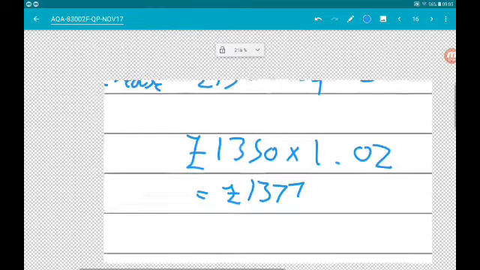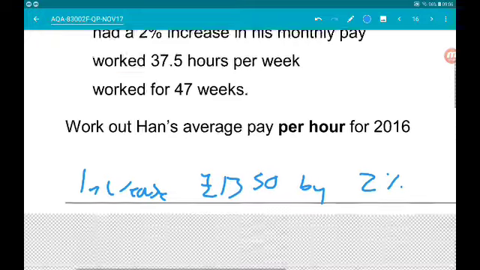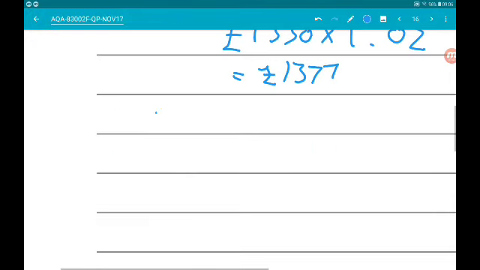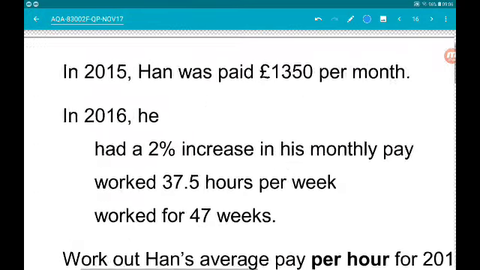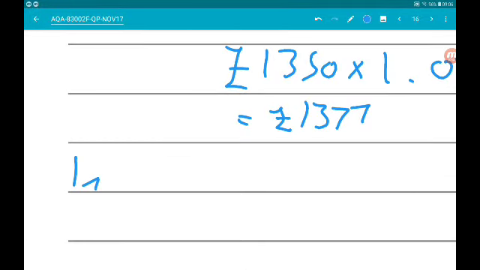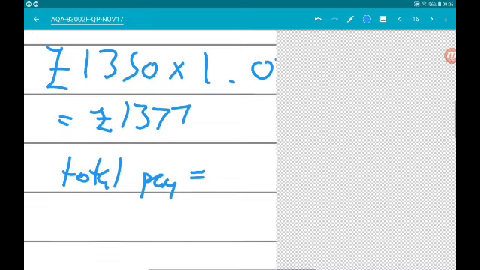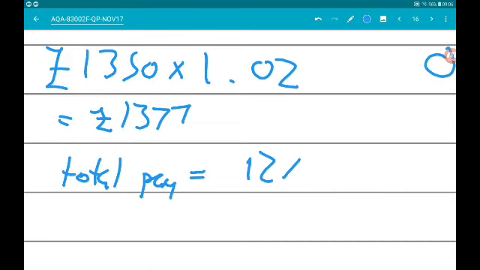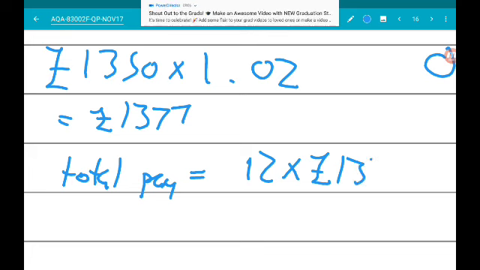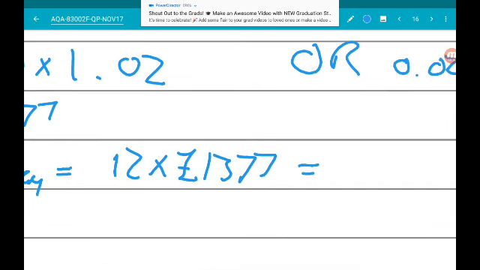Okay, now then, that's his monthly wage. So, for the year, so in 2016, total pay is 12 times that, because there is 12 months in a year.